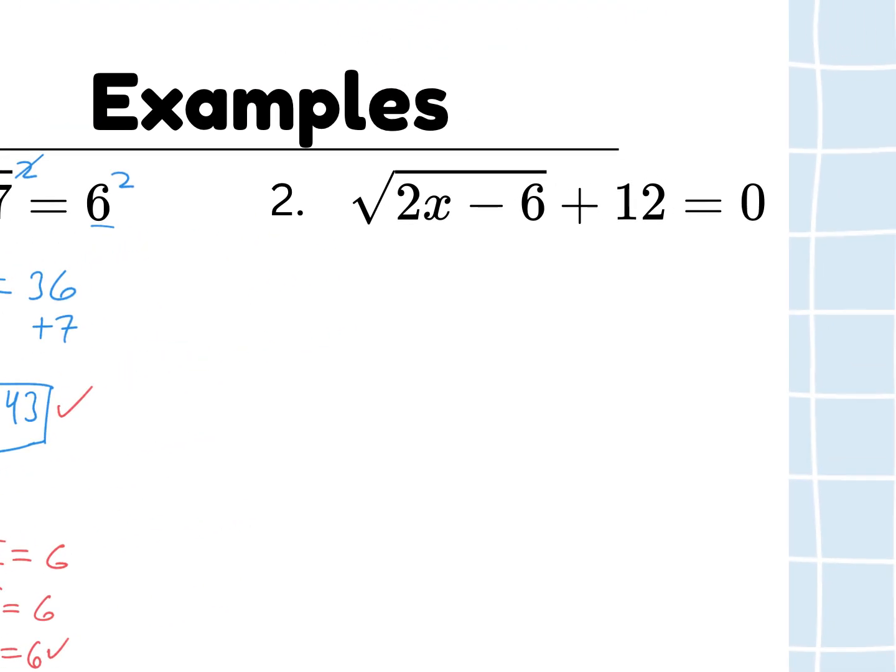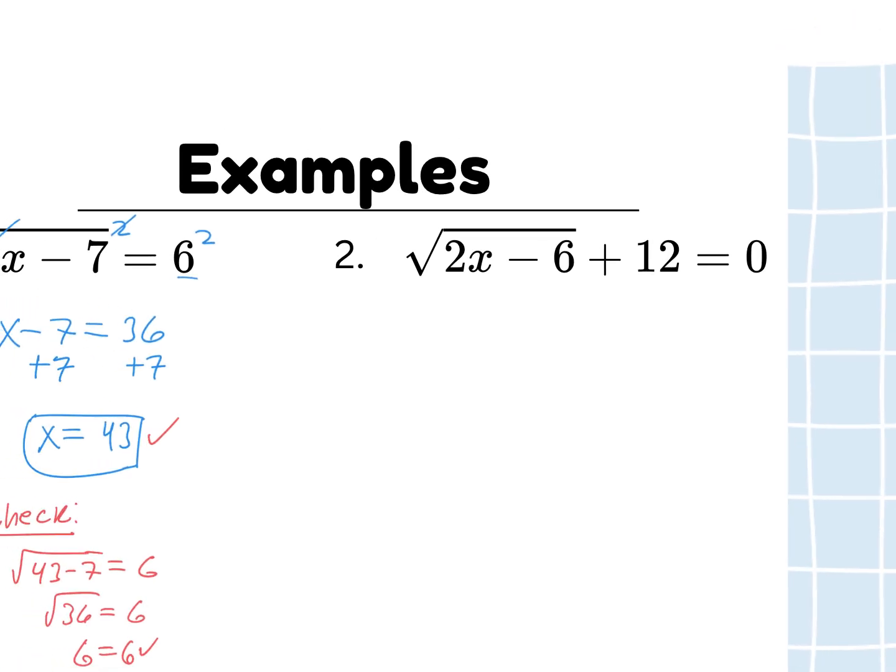And then we can do the same thing with the next one. In the next one, however, the radical is not isolated, and I want this completely by itself. I have a plus 12 on this side with that radical, so I can move that to the other side. I'm going to subtract 12 on both sides. And so we get the square root of 2x minus 6 equals negative 12.